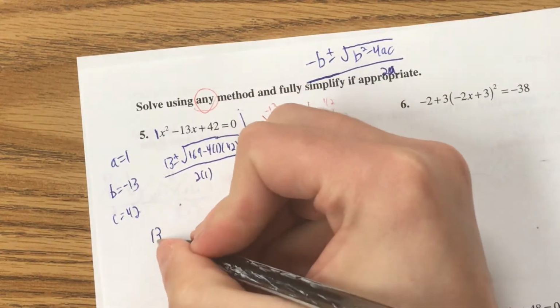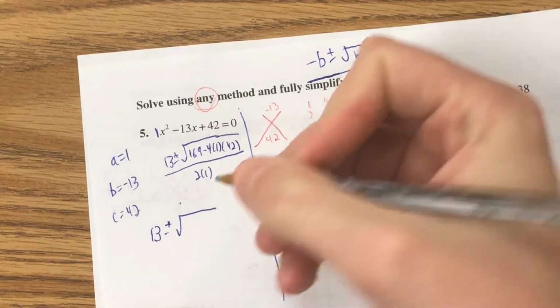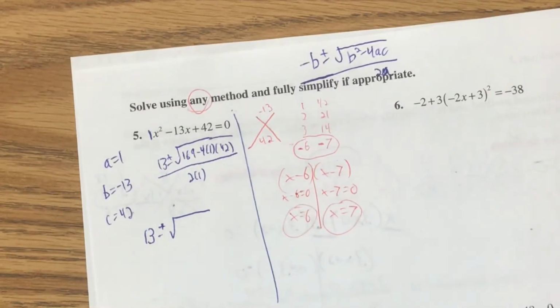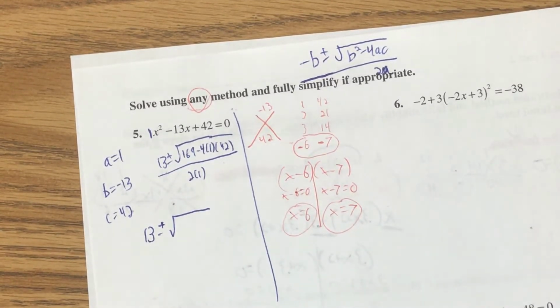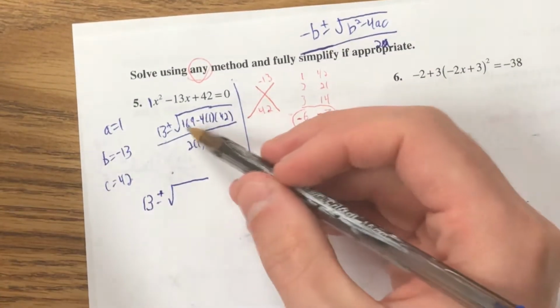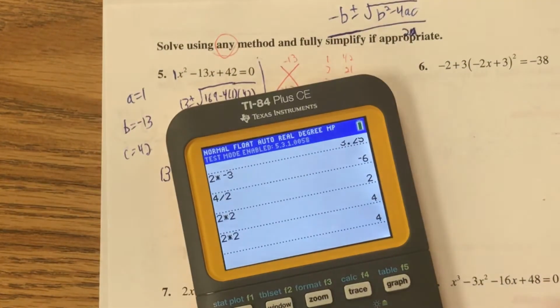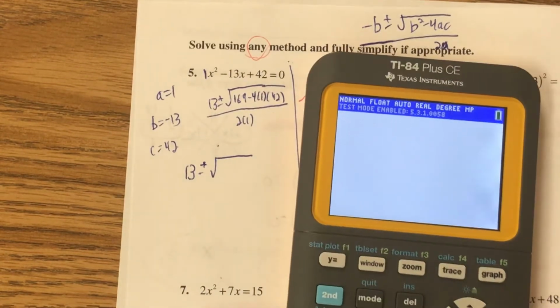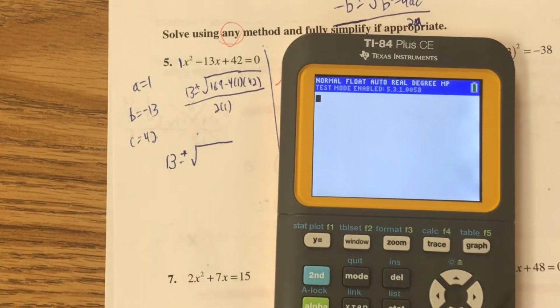So you get 13 plus or minus the square root of something. And to be honest, my big suggestion to you guys is just to use a calculator on that part. It's going to go a lot faster if you take the thing right here and you just plug it straight in a calculator. It's just better to not risk it.